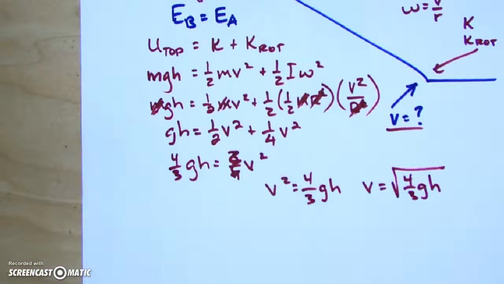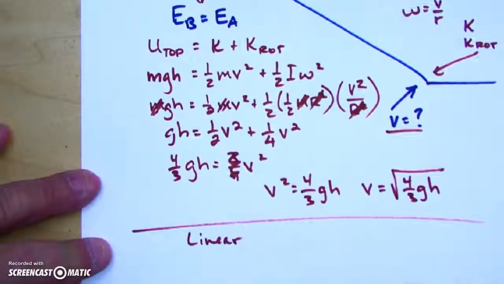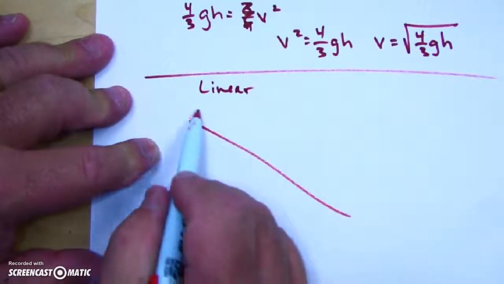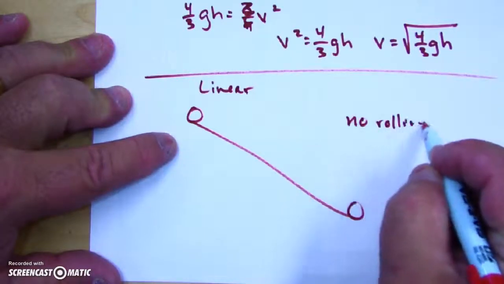Notice how it still does not depend upon mass, but since it's rotating, it's a little bit different than what it used to be in the linear world. Let's compare that to the linear world. This is no rolling, just so we can compare them.